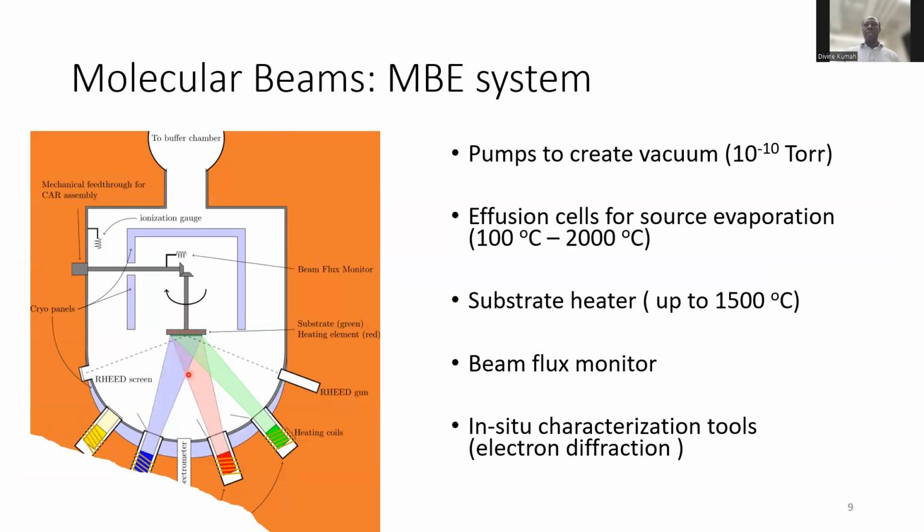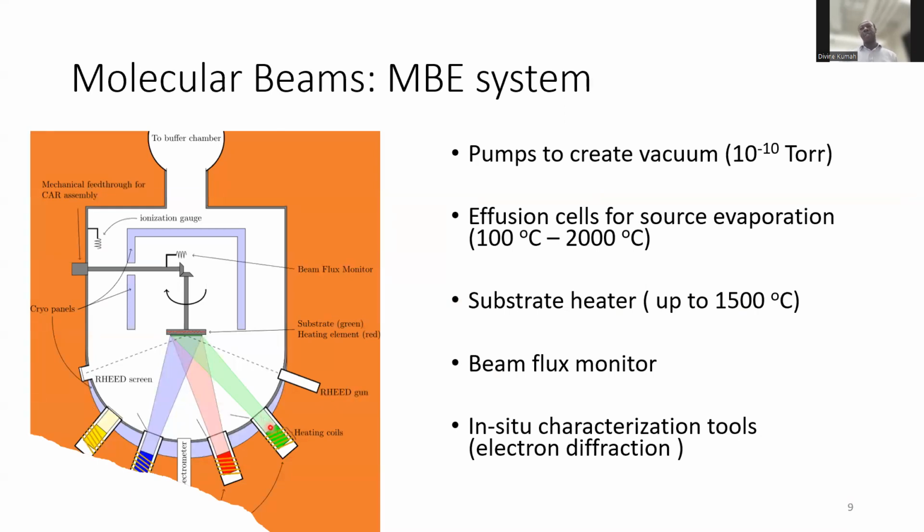So in the MBE system, right, you have a substrate which forms a template on which you're going to grow your material. But what I'm showing at the bottom here are these tools called effusion cells or Knudsen cells. And these effusion cells each contain a high purity material. Right, so the different colors here represent different high purity materials.